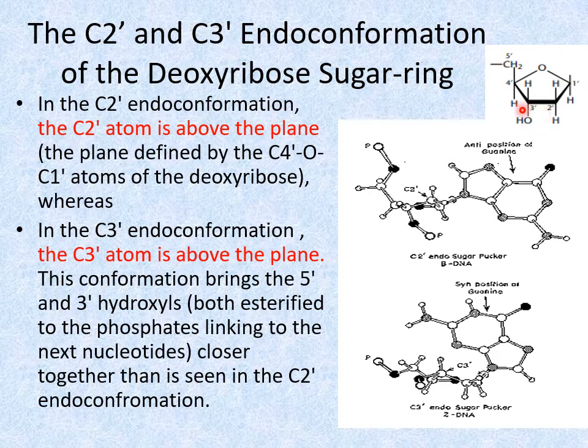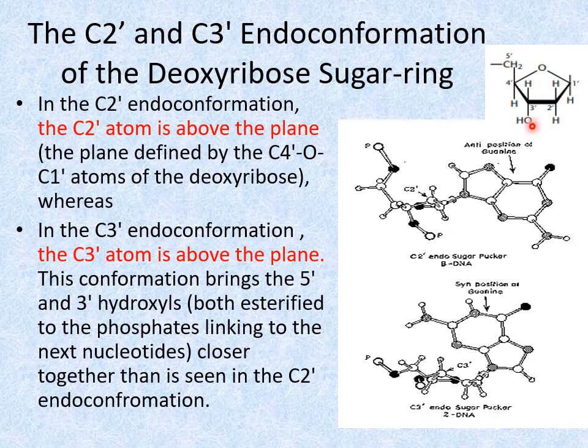And if the C3 prime carbon lies above the plane formed by the C1 prime, oxygen, and C4 prime, then the conformation is said to be the C3 prime endo conformation. That means the orientation of the 2 prime carbon or 3 prime carbon in relation to this plane of C1 prime, oxygen, and C4 prime.